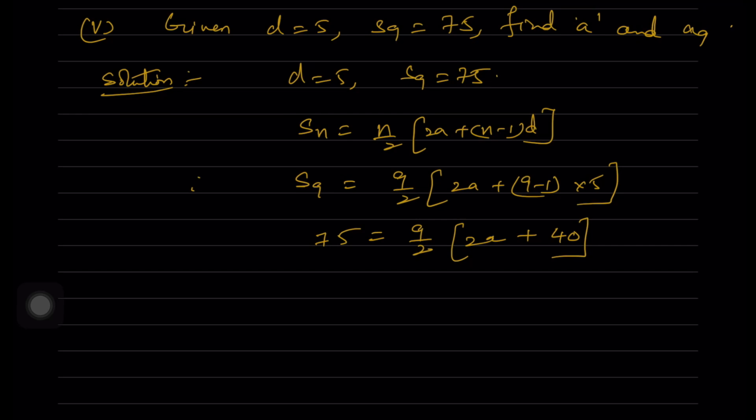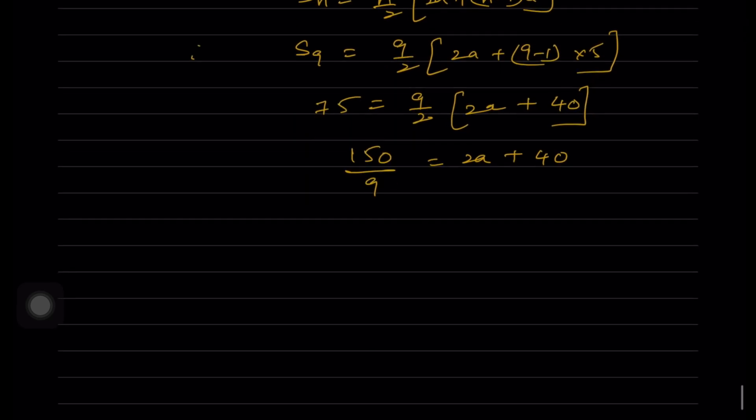So we take 2 by 9 to the other side. You get 150 by 9 is equal to 2a plus 40. If you take out 2 common, or you bring 40 this side, 3 3s are 9, 3 50s are 150.